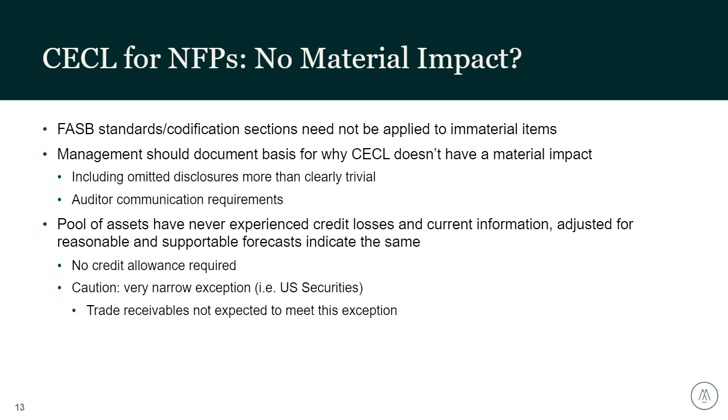But you still need to go through the process of assessing those reasonable and supportable forecasts. And as shown here, there's a specific exception related to US securities, but this is not applicable to trade receivables as we just discussed in the previous slide, because this is a significant area for nonprofits and it can no longer be seen as looking at historical information by itself.